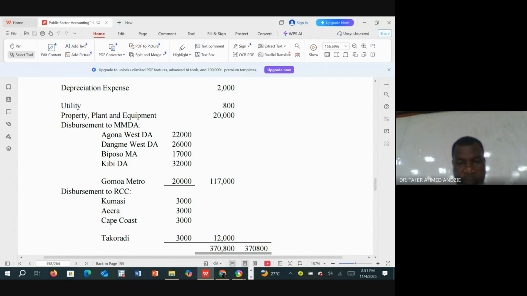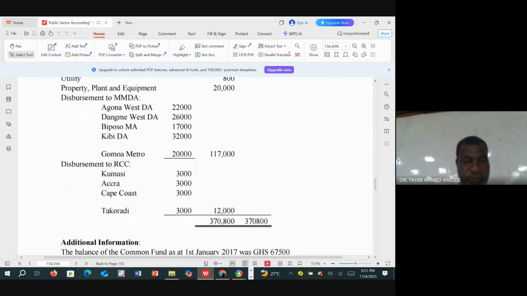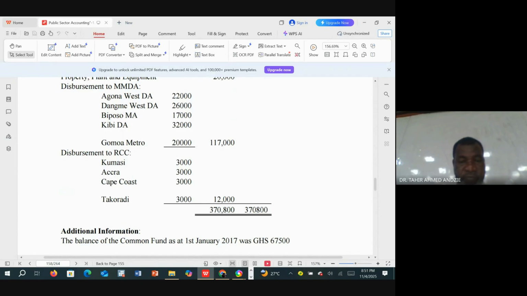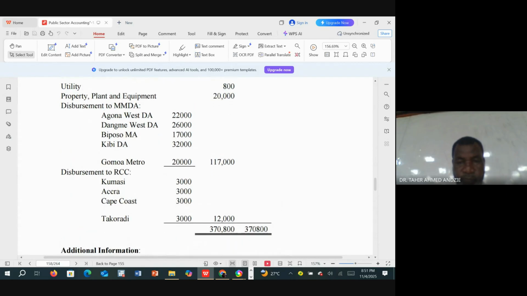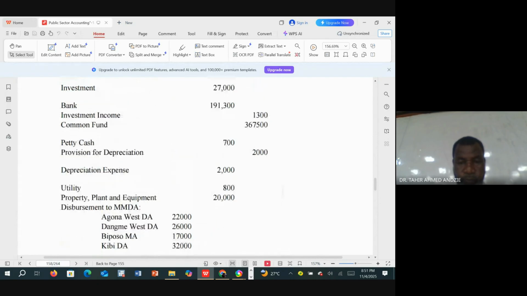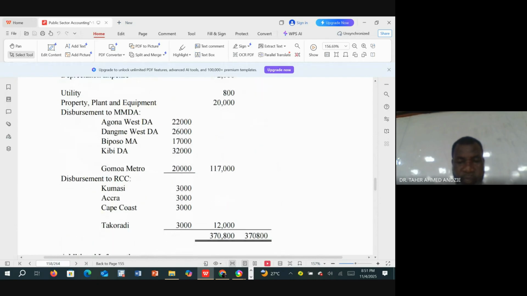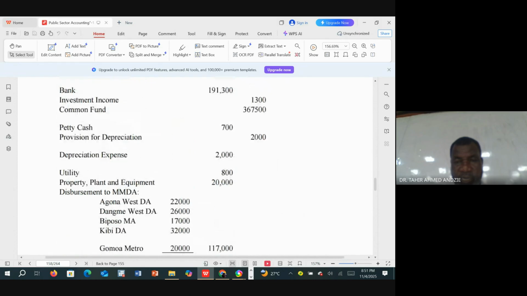So the total distributed gave you 170,000. Then we have distribution to the regional coordinating councils. So Kumasi, Accra, Cape Coast, we gave all of them 30,000, so 12,000 total. Total expenditure at the debit side equals the total at the credit side.